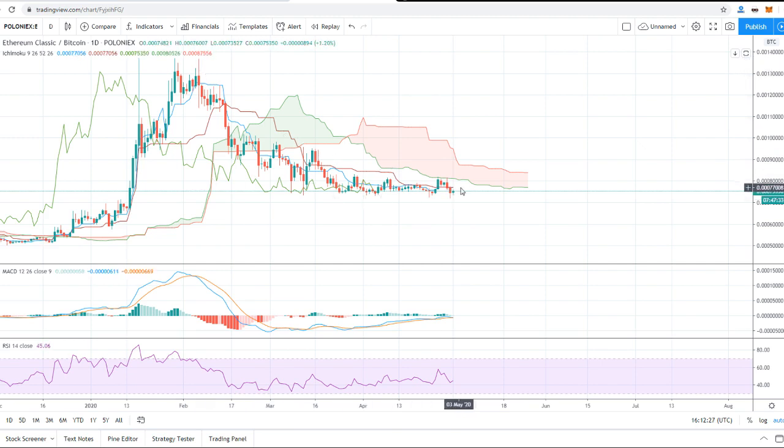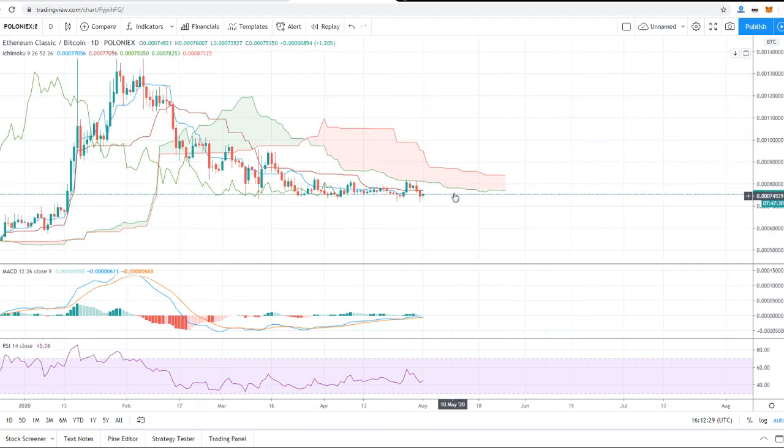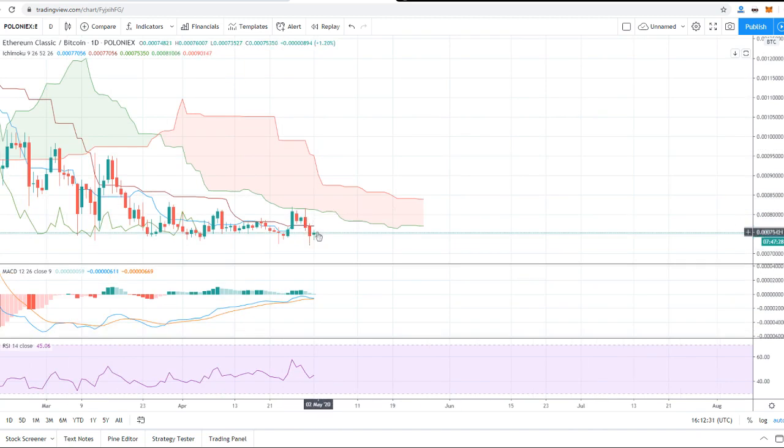So here's how it works. If you are able to close above this line, so there are two lines in the Ichimoku clouds and they act as support and resistance. If you're under the line, it acts as resistance, and if you're above the line, it acts as support. You can see this blue line. Once we were under this line, it acted as resistance, but once we were able to close above this line, it acted as support.